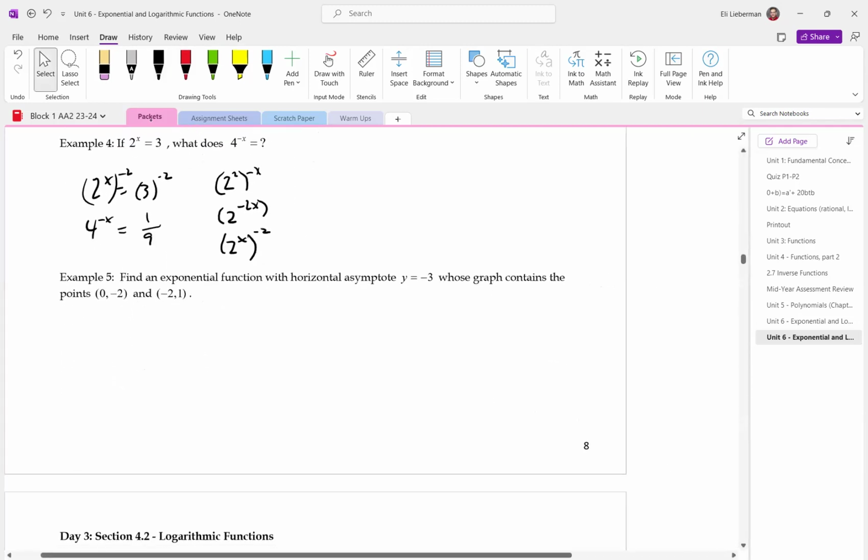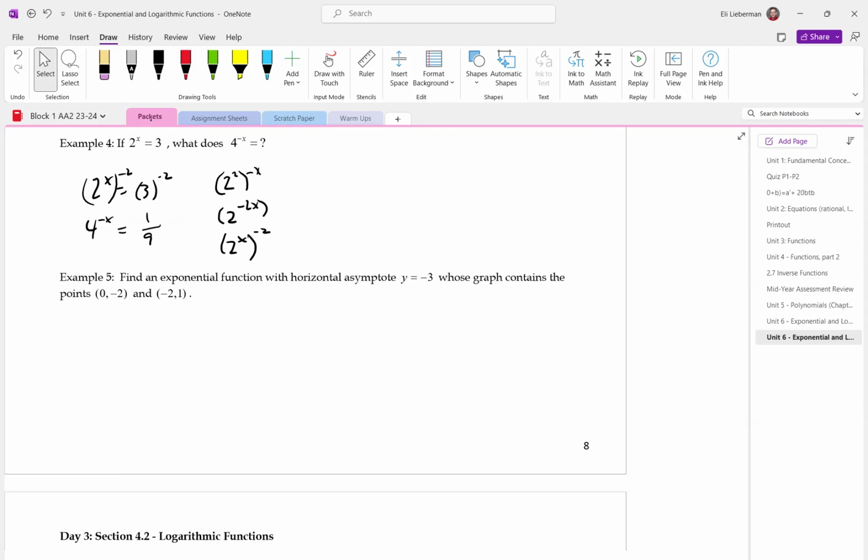And finally, find the exponential function with the horizontal asymptote y equals -3, whose graph contains these 2 points. Where should I even start with something like this? How about with a graph? Does that make sense as a place to begin?